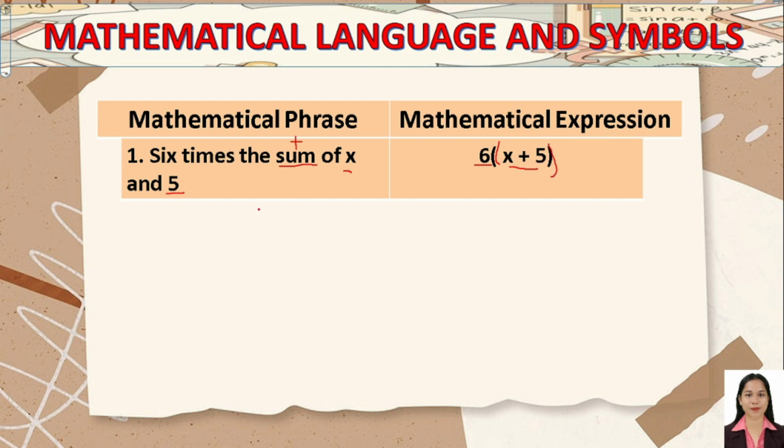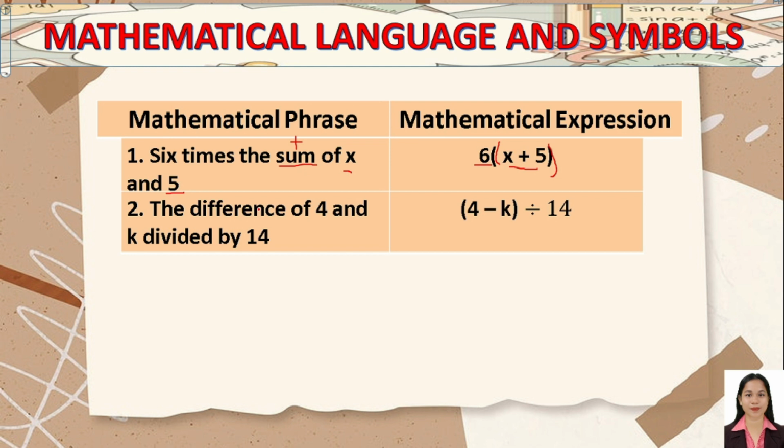Okay. Next, the difference of 4 and k divided by 14. Difference means the operation we will use is subtraction, then divided by 14, so we need to divide the result of 4 and k by 14.